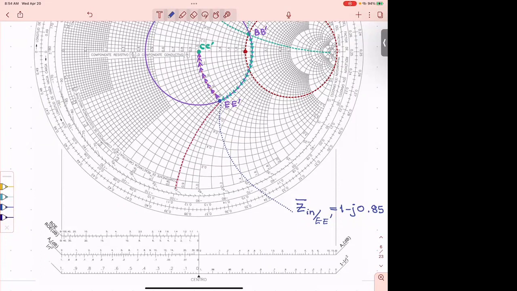I'm not there. So you remember I have to do the last thing. That last thing tells me that to go from E prime to CC prime, my real part stays the same, but I have to change my reactive part, because if I make this reactive part equal to 0, then I go practically here.